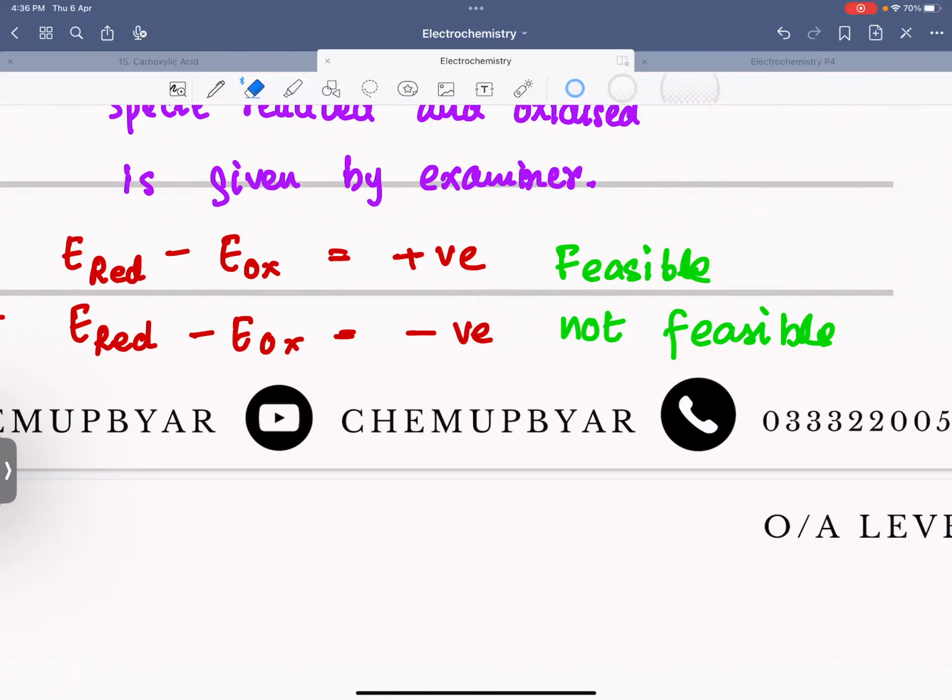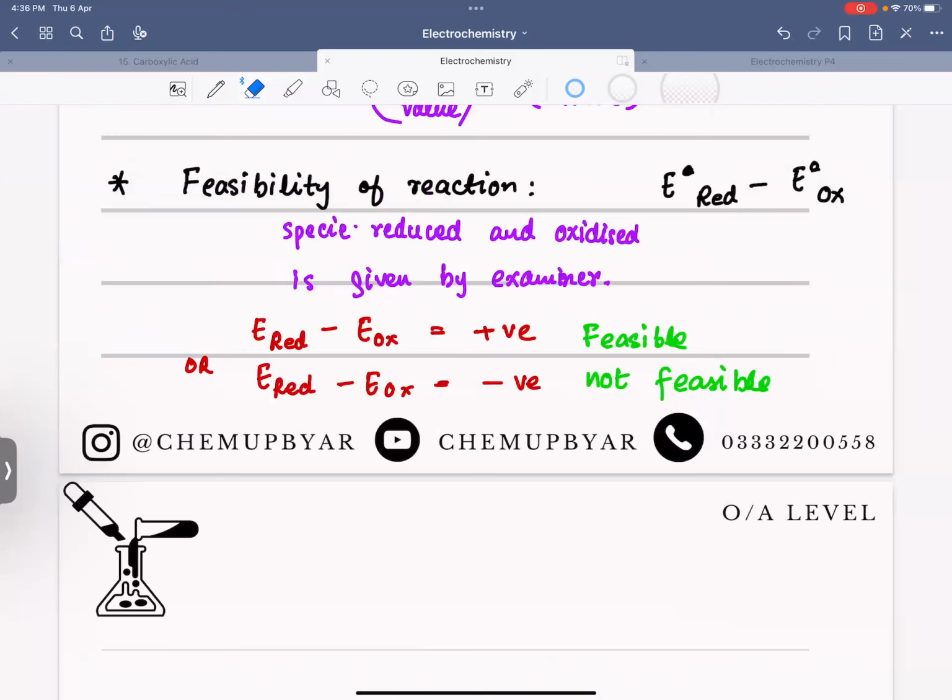Okay, so I am repeating again. If we get a positive value, then the reaction is feasible, and if we get a negative value, then the reaction is not feasible. This is the first thing. Then, if the positive value is lower than 0.3, we can only say that the reaction is feasible in standard conditions, and we cannot say anything when the conditions are non-standard.